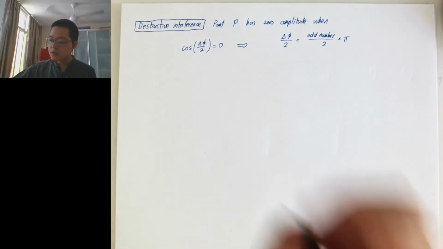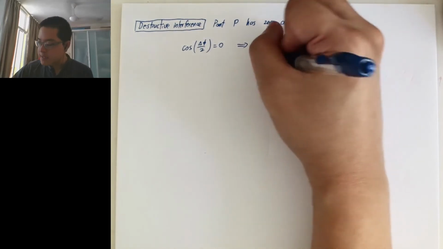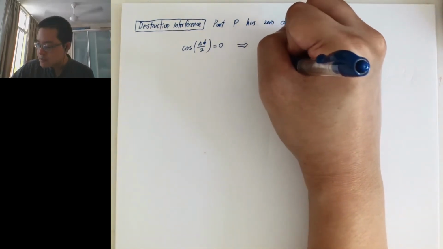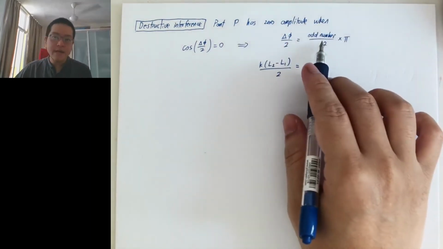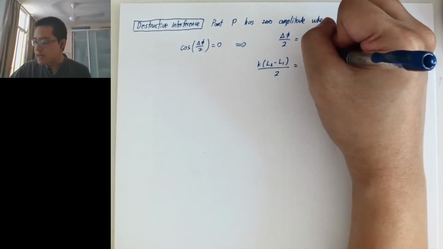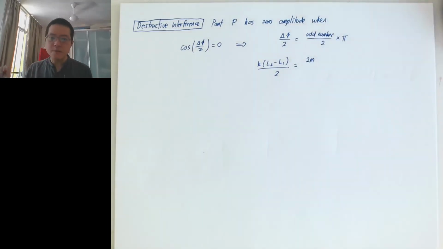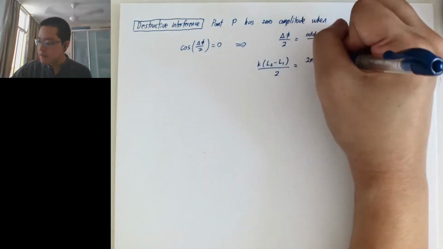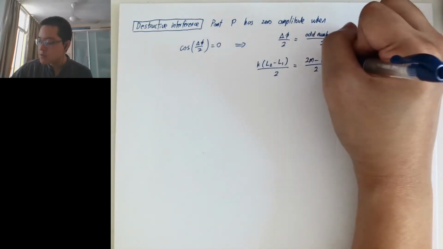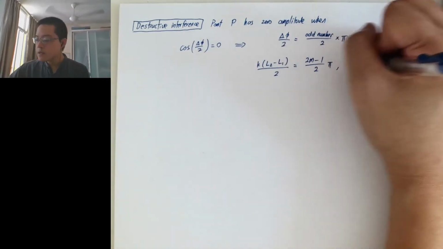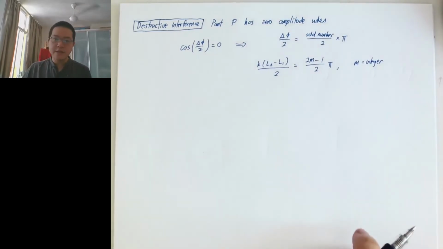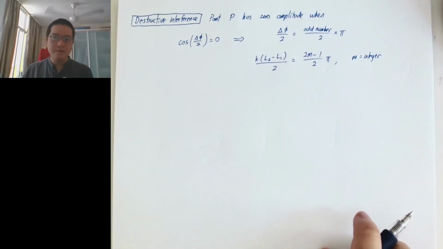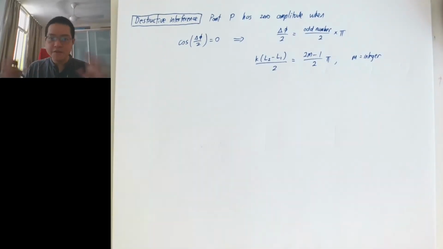Remember that delta phi is k times the path difference, so k (L2 minus L1) over 2. And how do I write down an odd number? If I take an integer times 2, I guarantee an even number. Then if I minus 1, I make it an odd number, times pi. So m is an integer.